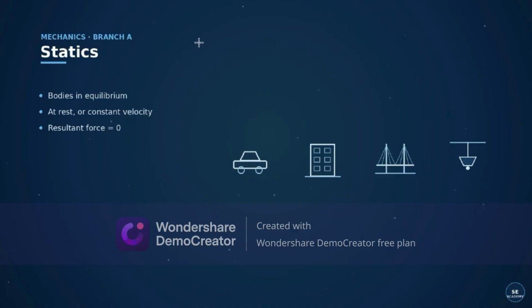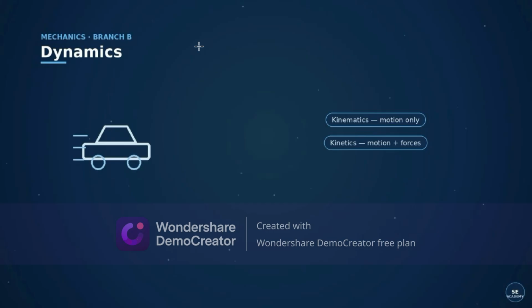So whenever you're asked about the branches of mechanics, there are two: statics and dynamics. Let's go to dynamics. In dynamics we are talking about objects that are in motion, and we have what we call kinematics and kinetics.